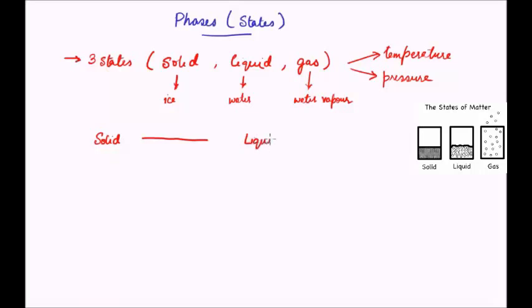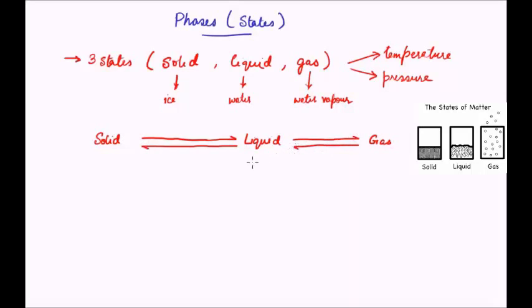If we raise the temperature sufficiently, we will get liquid from solid. And if we further raise the temperature sufficiently, we will get gas from liquid. Now the other way around, if we cool liquid sufficiently, we will get a solid, and if we cool gas sufficiently, we will get a liquid.